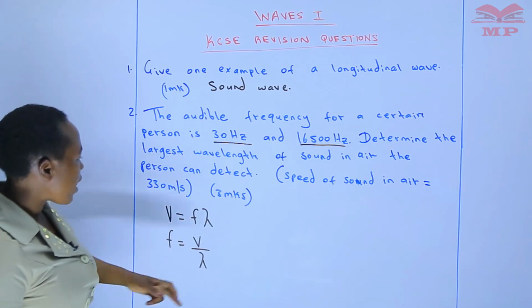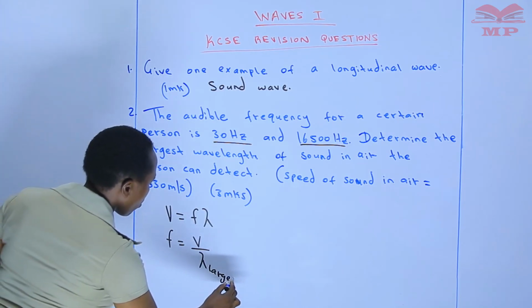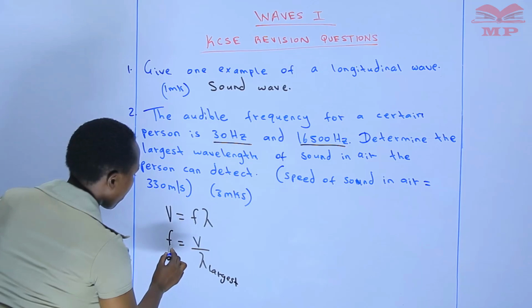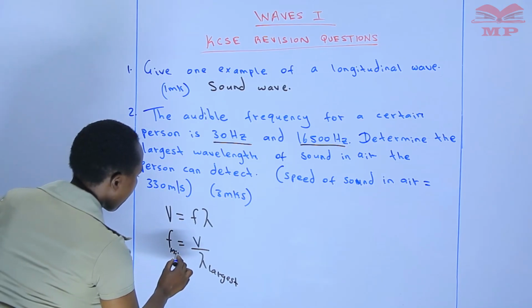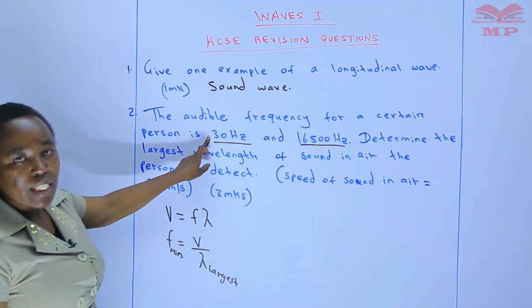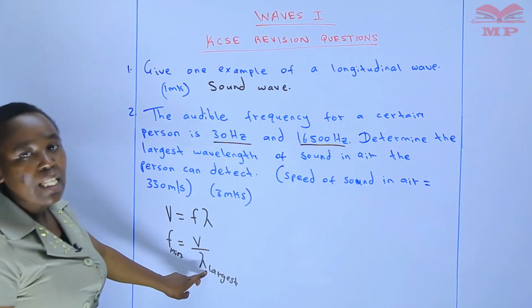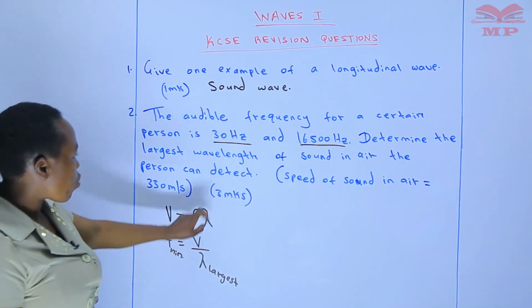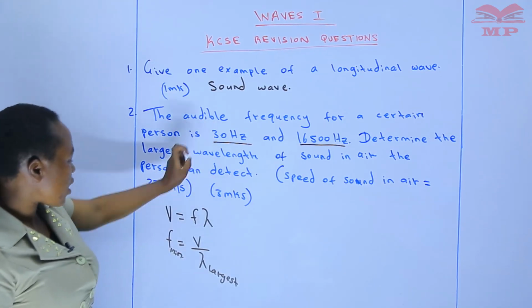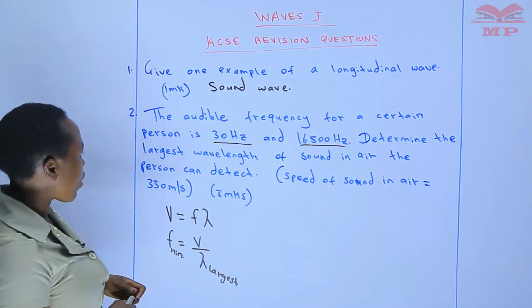If we have the largest wavelength, then it means we have the minimum frequency. So we just use the frequency when it is minimum. That is when it will give us the largest wavelength.